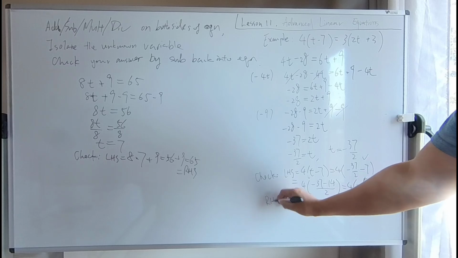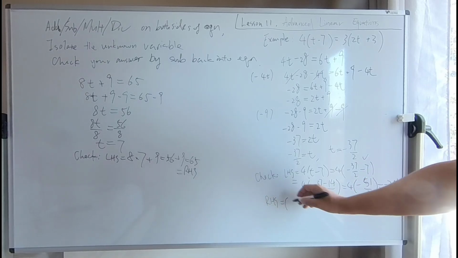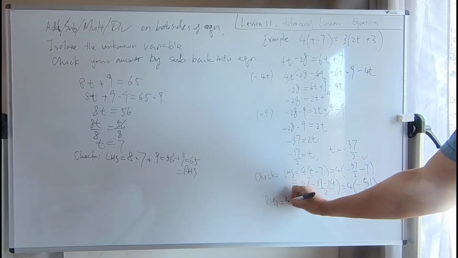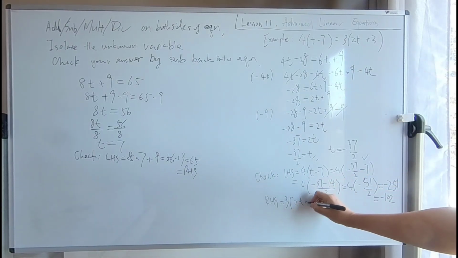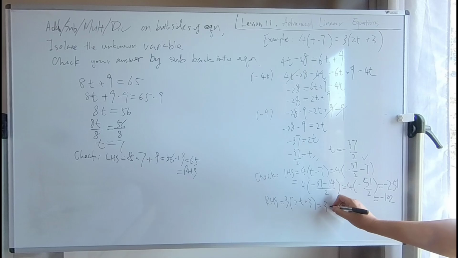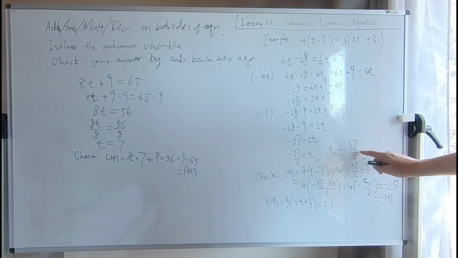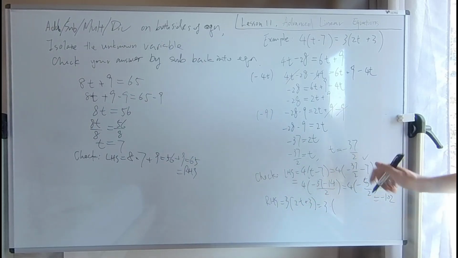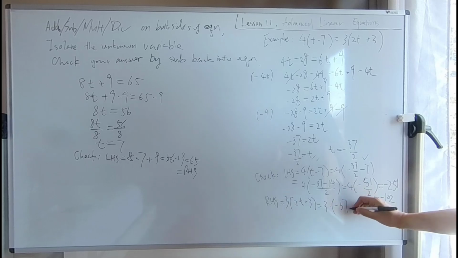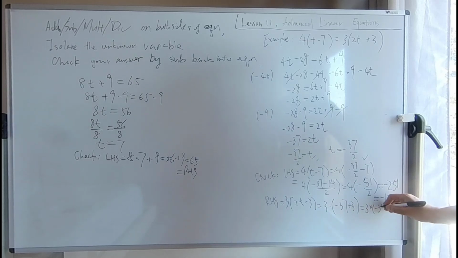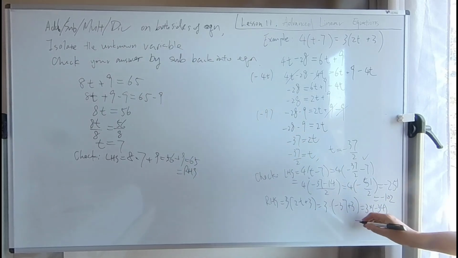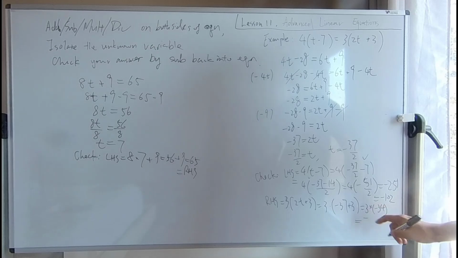Then to check the right-hand side, I have 2t plus 3, which is 2 times t, that is minus 37, plus 3, and I have 3 times this, minus 34, and then 3 times minus 34 is minus 102.